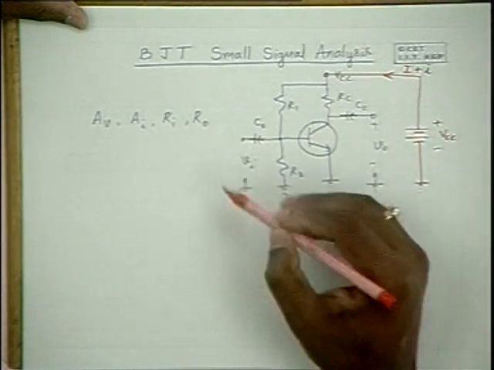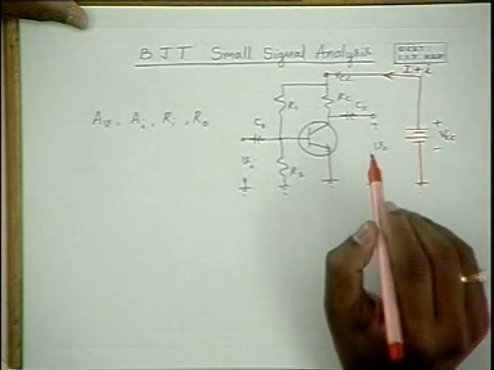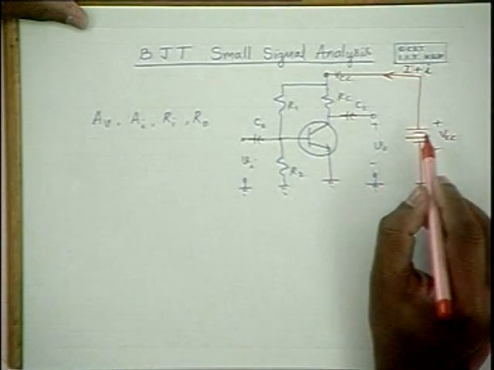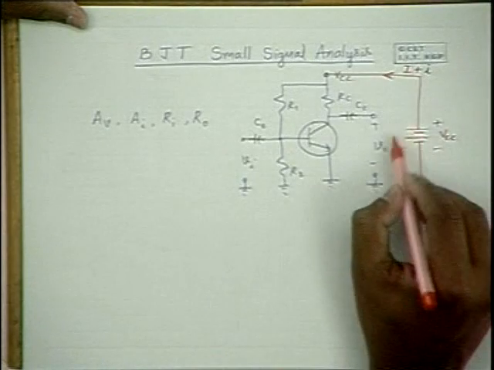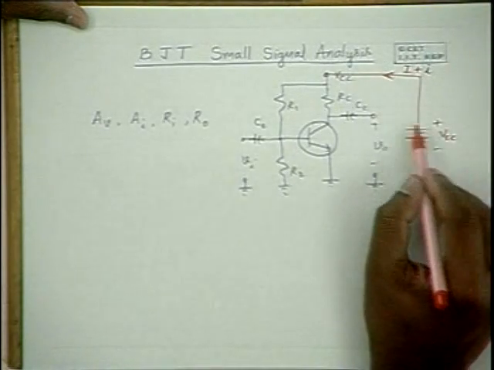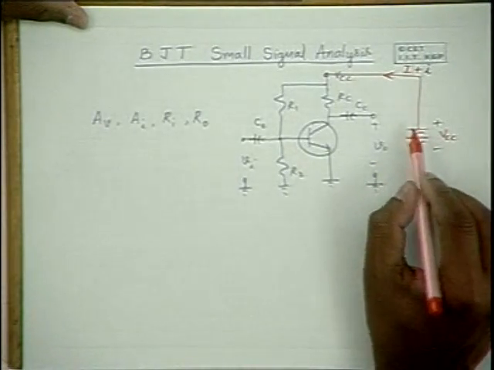So when you do the circuit analysis for alternating components, the supply can be replaced by a short circuit.